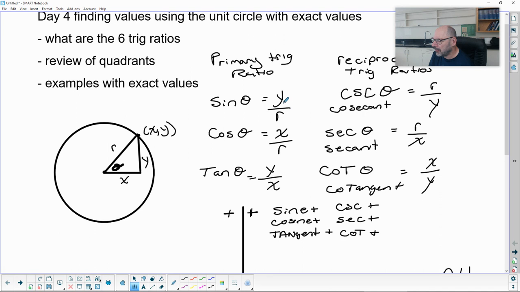Positive y over positive r, that sign is positive. Negative x over positive r, negative. Positive y over negative x, negative. So the cosine and tangent are negative. As a result, cotangent and secant are negative. So that means sine is positive. The only things that are positive are sine and cosecant.